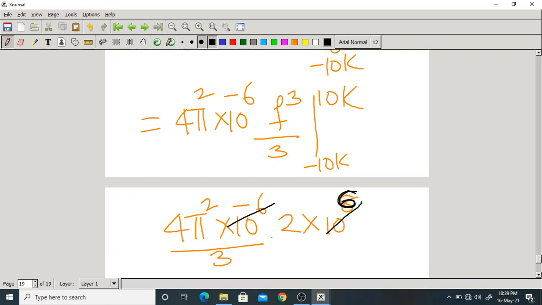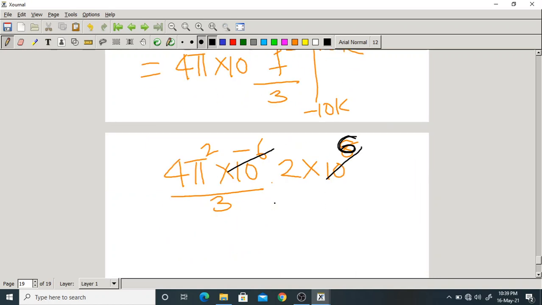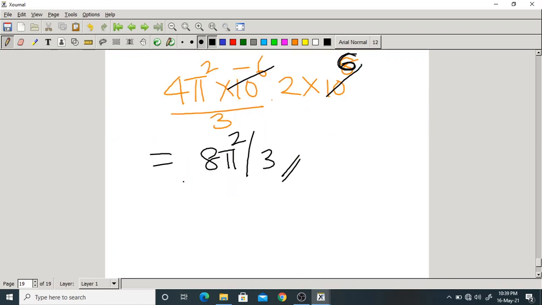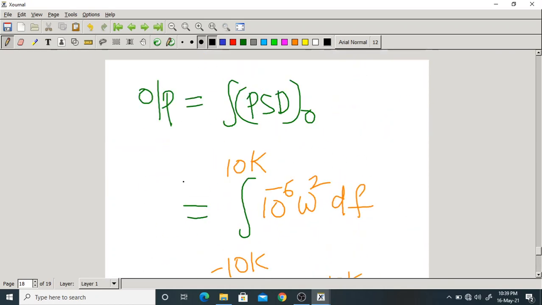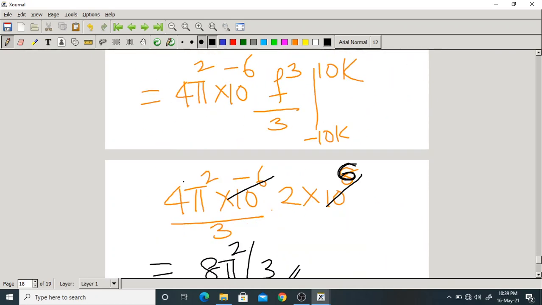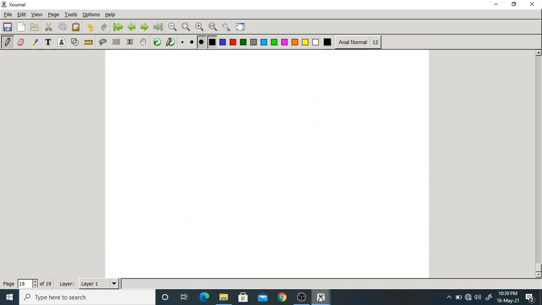So these two will cancel. The answer is 8 pi square by 3. Is it okay? I am not okay with these calculations. Please do it yourself. I explained the procedure. Calculation you must do on your own. Okay.